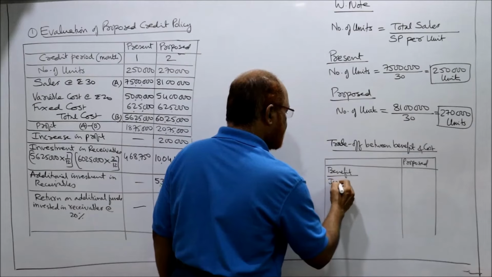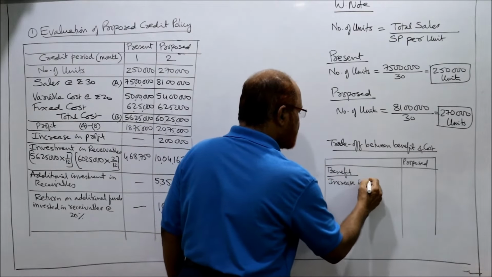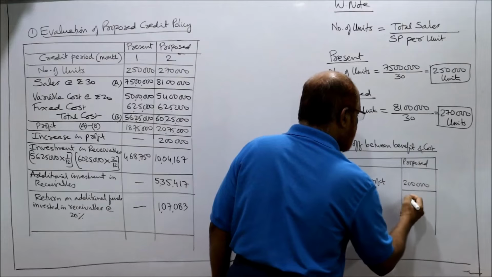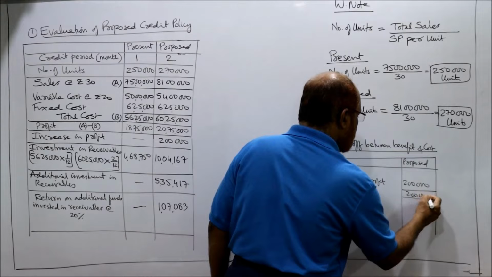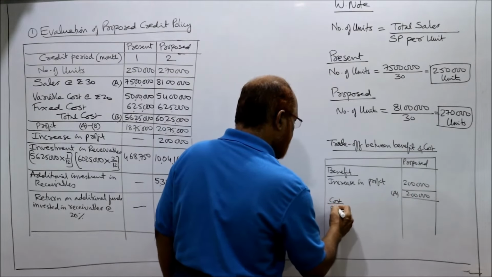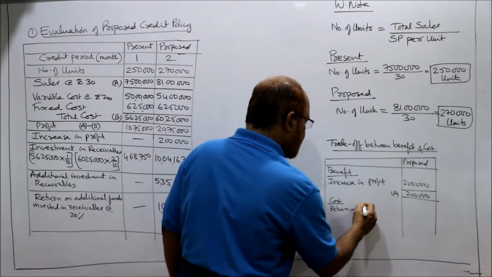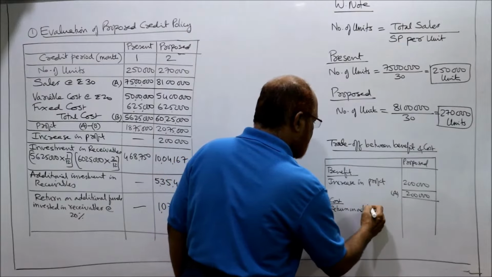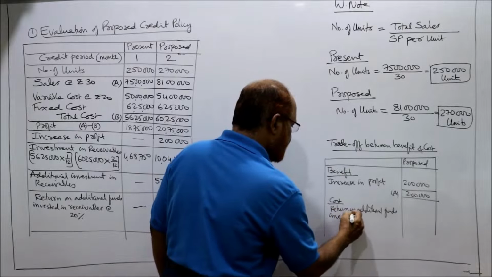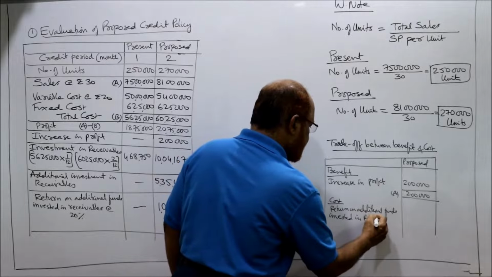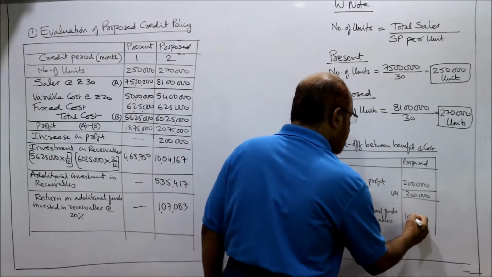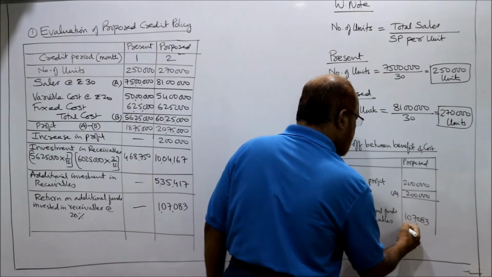The benefit is increase in profit. The profit increased by 2 lakh. Then cost. Return on additional funds invested in receivables, 107,083.